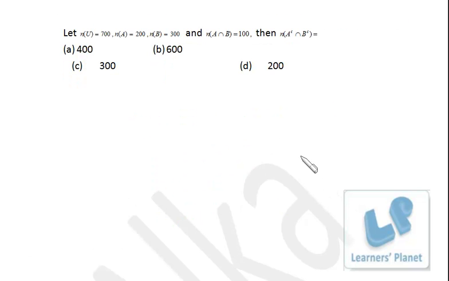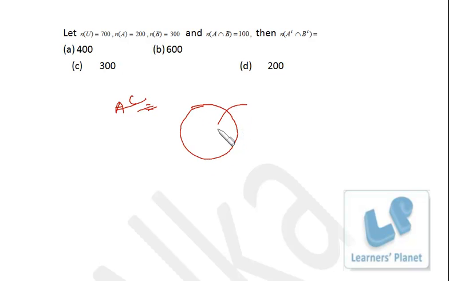Now, the number of elements in the universal set is 700, NA is this, NB is this, and A intersection B is this. Find A complement intersection B complement. If we deduct 200 from 700, what we can do is just draw the Venn diagram. That would be rather better.